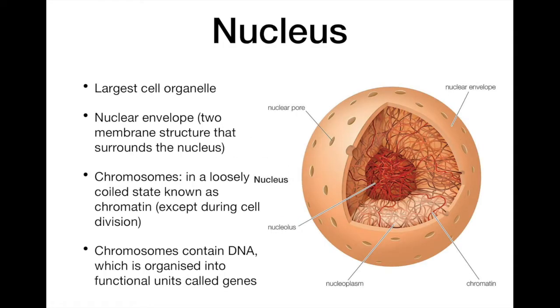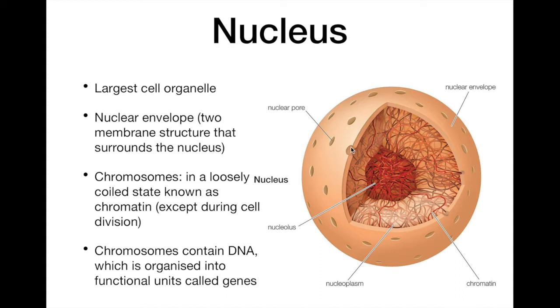First of all, let's start with the nucleus. This is not a cell, this is the nucleus of a cell. The nucleus is the largest cell organelle. It is surrounded by two membranes known as the nuclear envelope. This is one membrane here and one here.